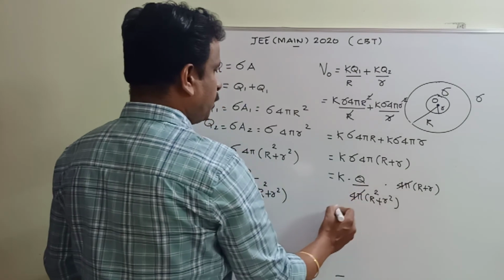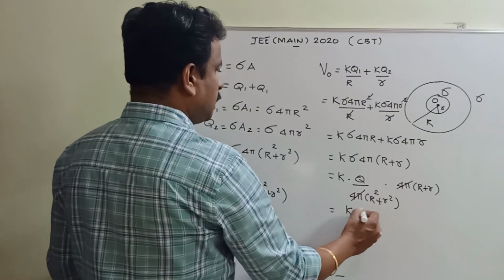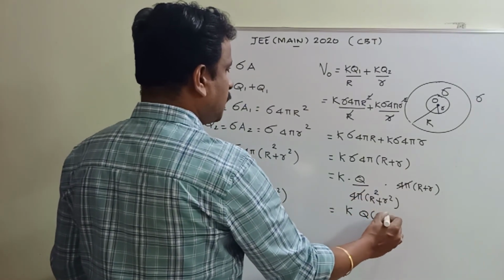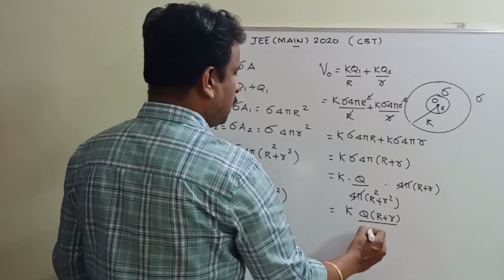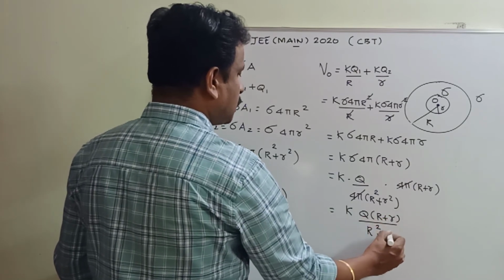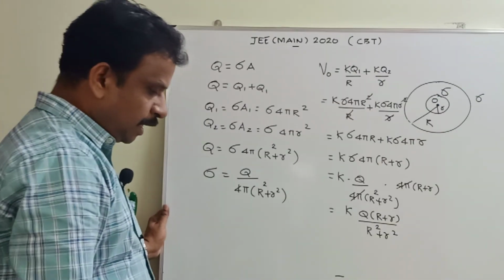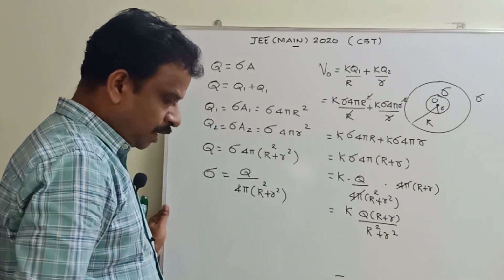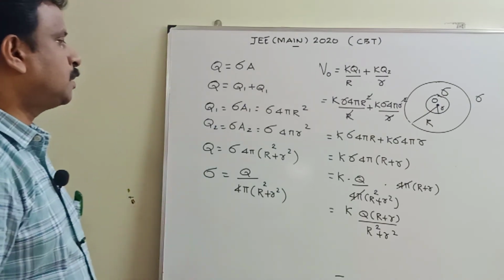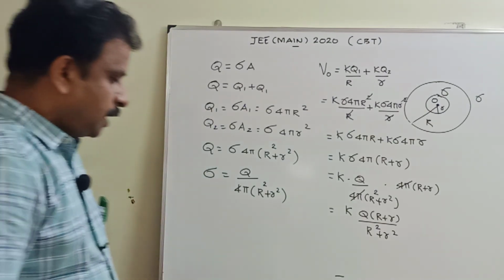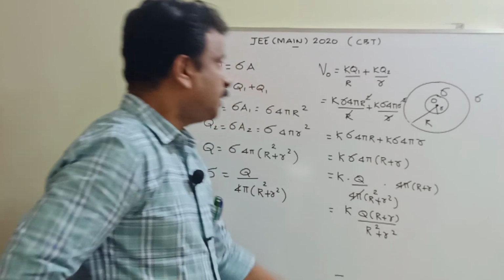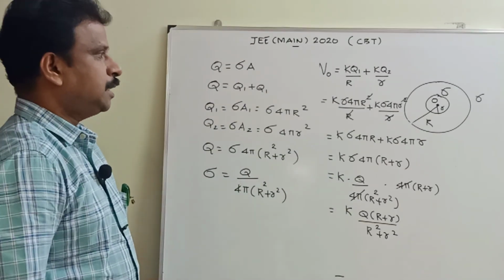Now 4 pi is cancelled. So therefore the result is kq into R plus r divided by R square plus r square. You know very well about the constant also. So the answer is kq into (R plus r) divided by (R square plus r square). That is the potential at the center of the two concentric spheres.